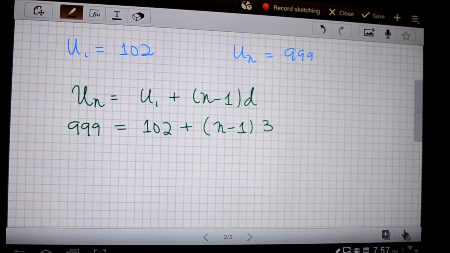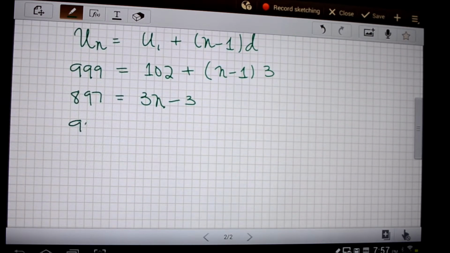We have 897 equals 3n minus 3. 900 equals 3n, and so n equals 300. So that means there are 300 terms.